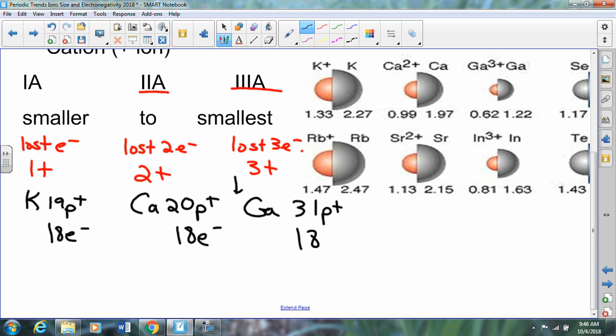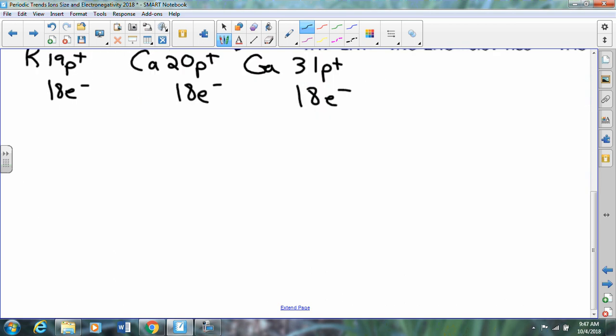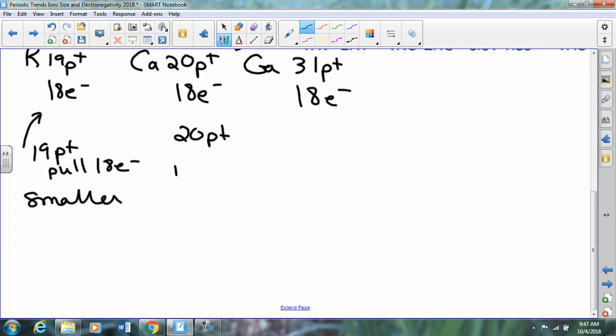What's happening is the protons are pulling in more. So 19 protons pulling 18 electrons makes it get smaller. But if we have 20 protons pulling on 18 electrons, it gets even smaller.